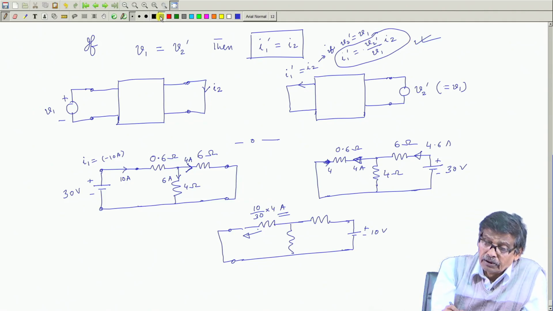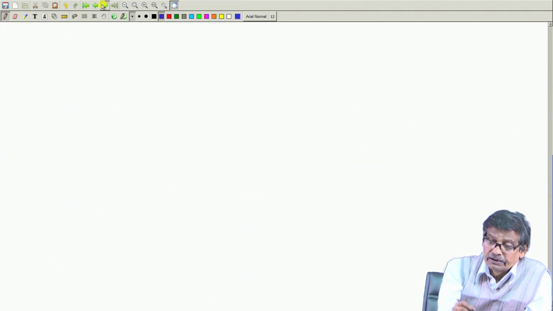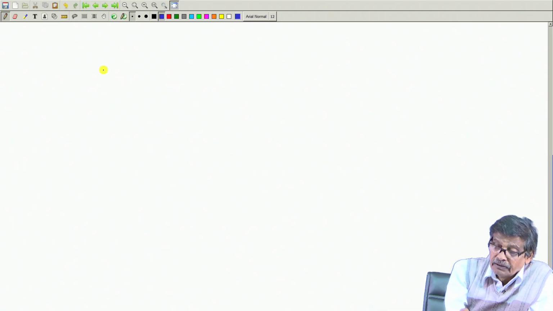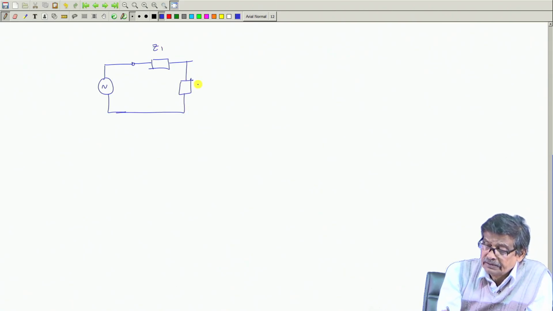One can apply it for any complicated or even AC circuit. For example, I connect a voltage here, where these are impedances, not just resistances: Z1, Z2, Z3.